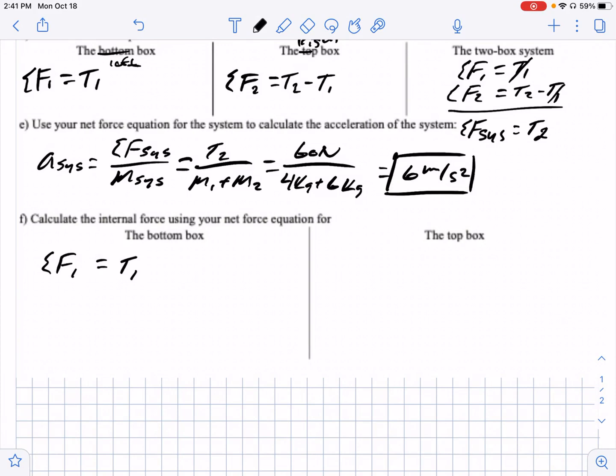We can apply Newton's second law, so mass of box 1 times the acceleration of box 1. Now we can plug in our numbers. We had 4 kilograms times the acceleration that we just solved for was 6 meters per second squared. So your internal force there, that tension, is just equal to 24 newtons.